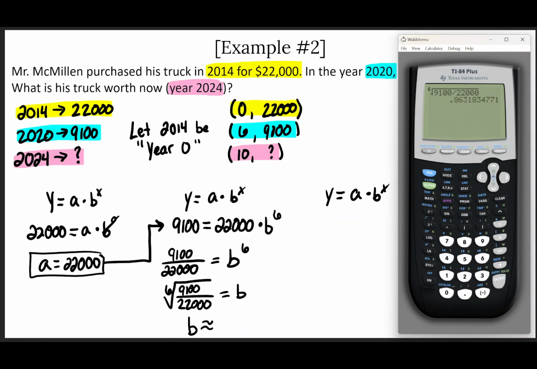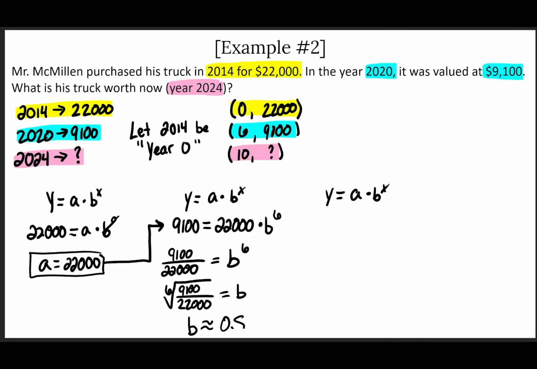I get 0.86318347771. That makes sense because we're losing value on the truck, so it should be a number less than 1, but more than 0. So we're losing about 14% of value every year. I'm going to write down 5 decimals here. Let's say 0.86318. Put dot, dot, dot to show that technically it just keeps going. 5 decimals is probably good enough.